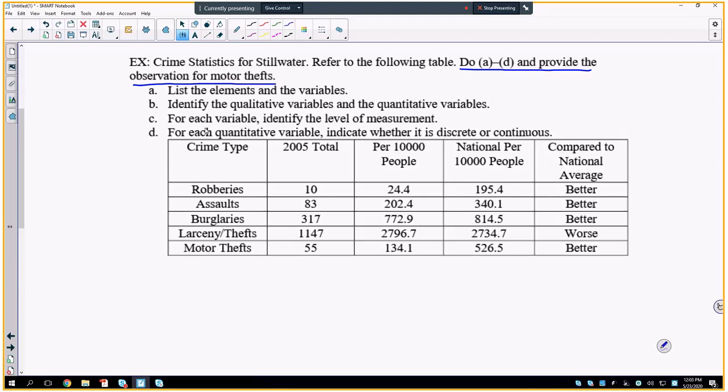Across the top, the first row, the columns are titled crime type, 2005 total per 10,000 people, national per 10,000 people, and compared to national average. This first column, crime type, should list our elements, and this first row should be our variables.